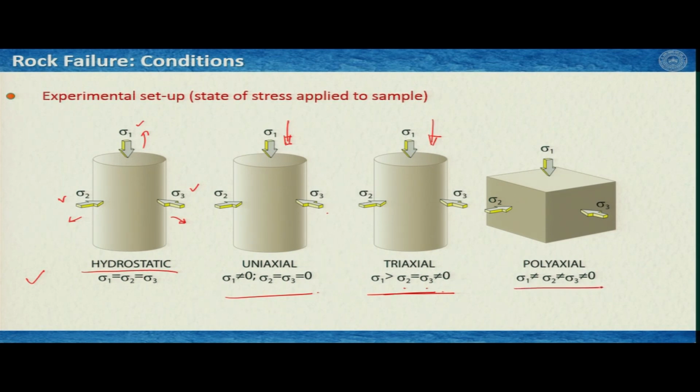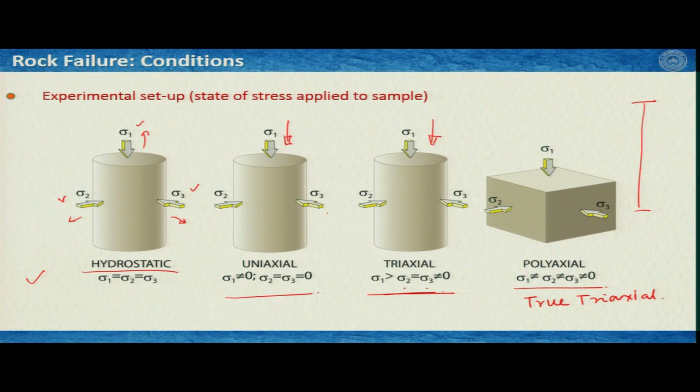Polyaxial is sometimes called true triaxial. That means sigma 1, sigma 2 and sigma 3 have three different values and are not equal to each other. So, this is how we consider these four different stress regimes, but there are some other experimental setups as well.